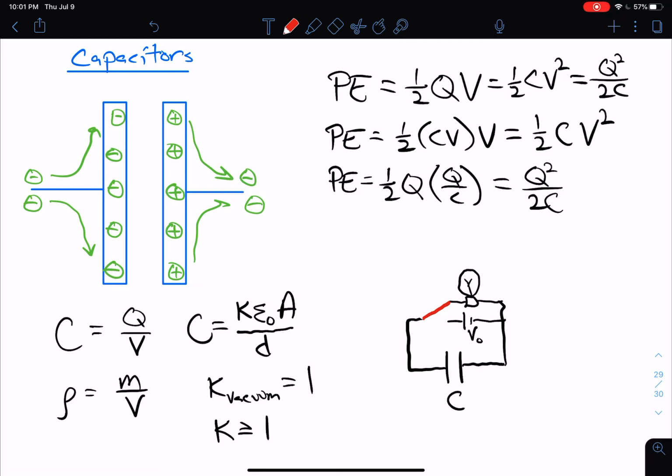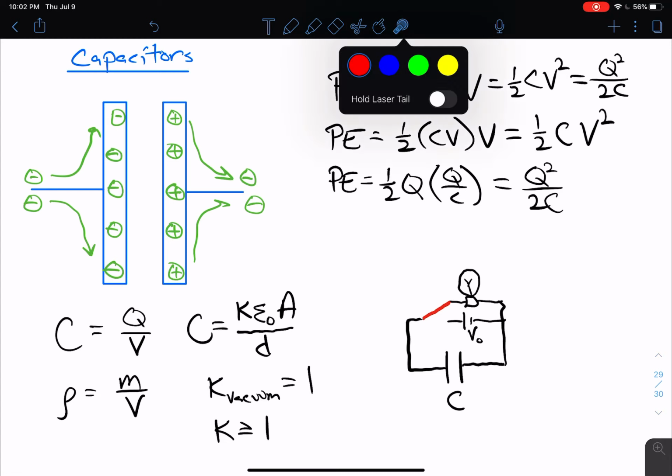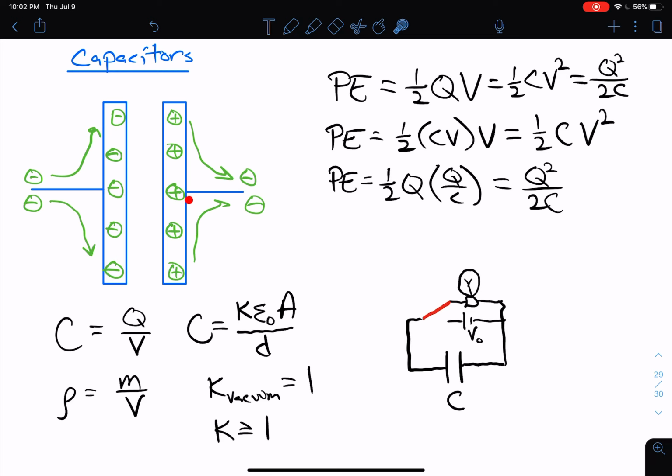Now, why is that important? Well, when the capacitor was connected to the battery, charge got separated. Now, why does the charge stay separated? It stays separated in part because of the battery. If the charge is allowed a path so that the electrons can get over to these positive ones, they will take it.